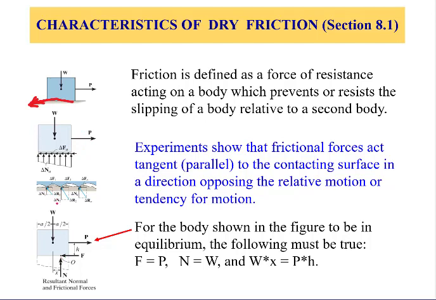Now, depending on the problem, if this box is moving to the right, we could assume that the reaction force is somewhere to the right, simply because the P force tends to tip the object in the clockwise direction, and that would reduce the amount of reaction force on the left side.